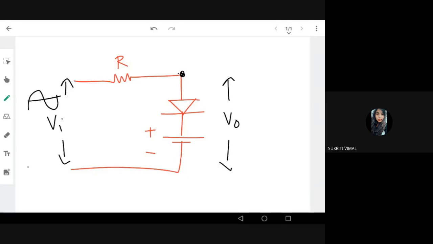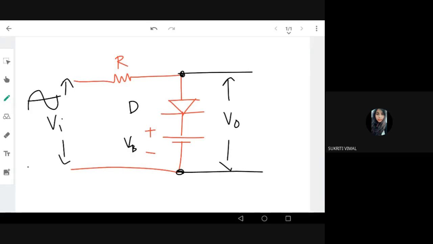One thing, I can reverse the voltage VB, the bias voltage, and I can also reverse the diode. So there are four possibilities like that. I think you have analyzed those things in your notebook, and we also drew the V out versus V in graph and the I out versus V in graph.